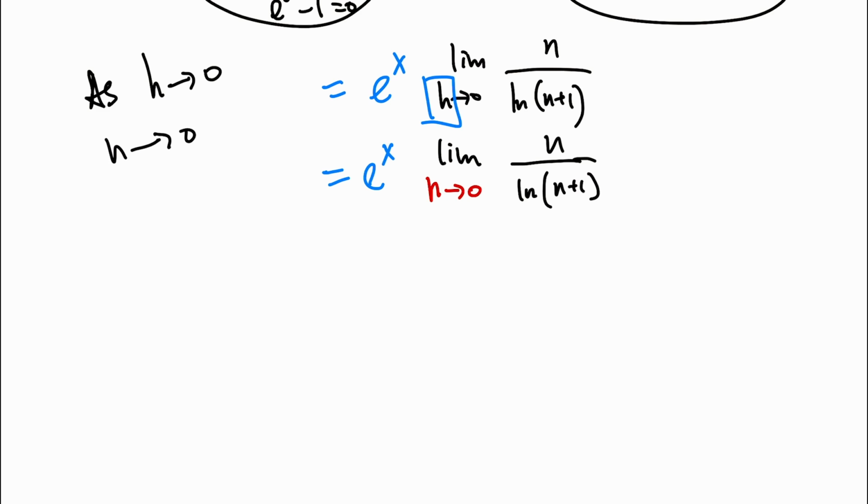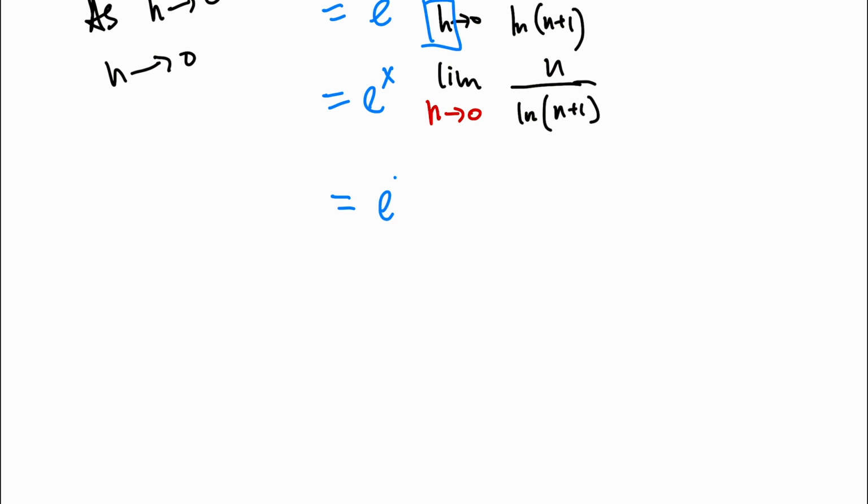And let's proceed. What we can do is multiply 1 over n on both top and bottom of the expression, so that we get the limit as n approaches 0, the top n times 1 over n, that's just equal to 1, and the bottom would be equal to 1 over n times ln of (n + 1).